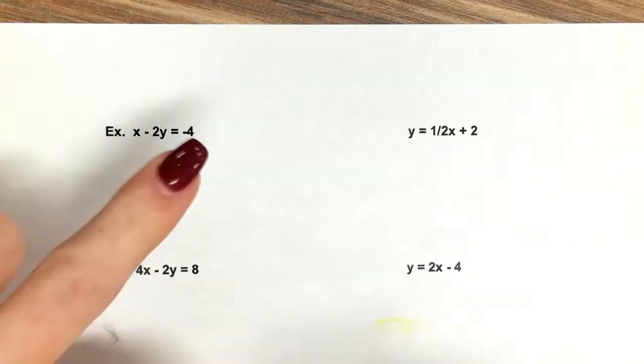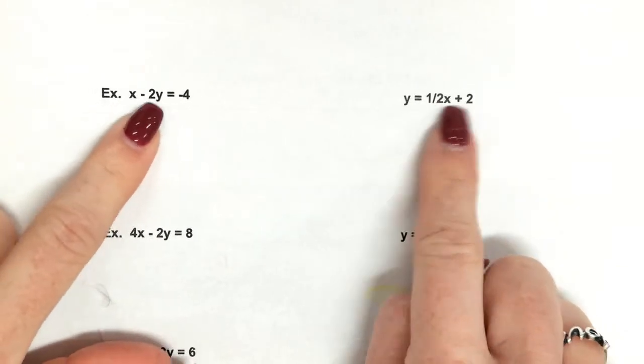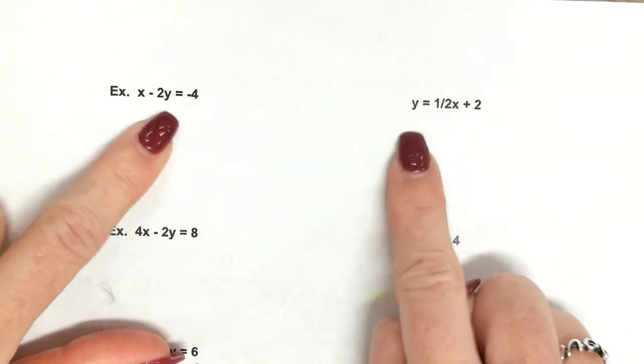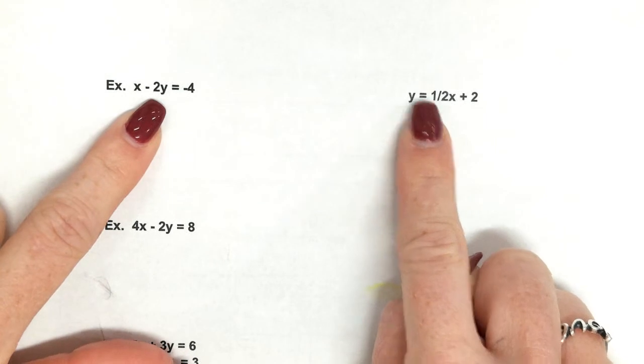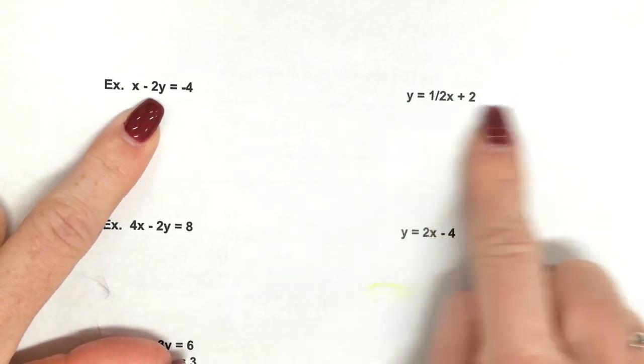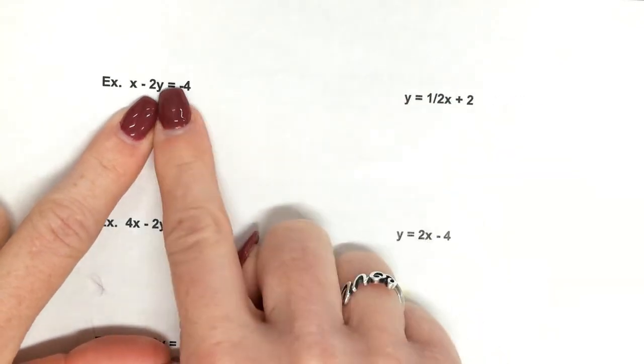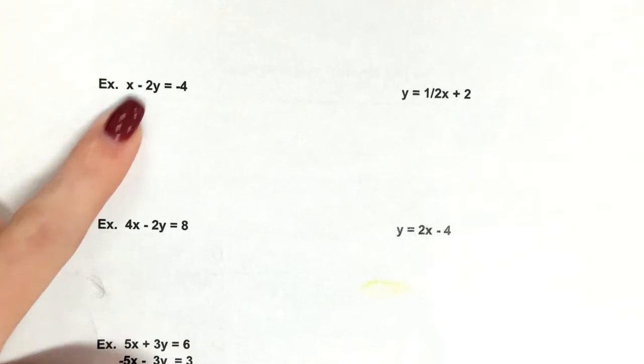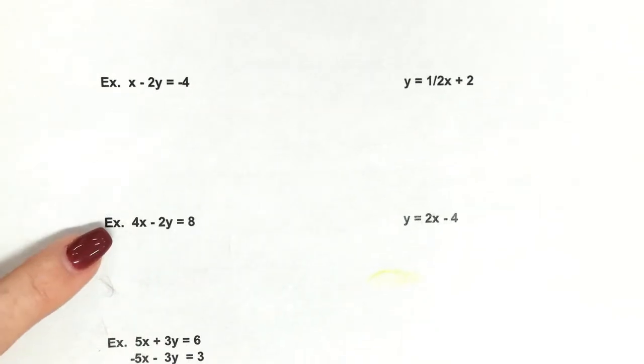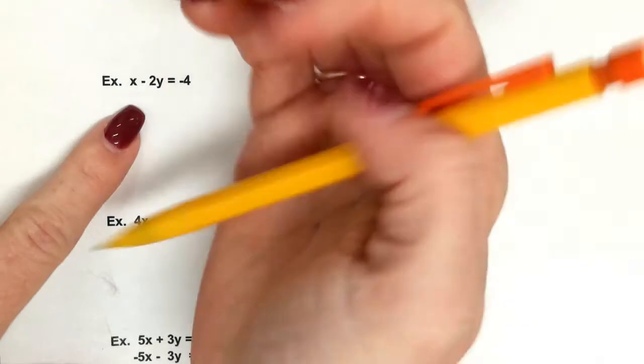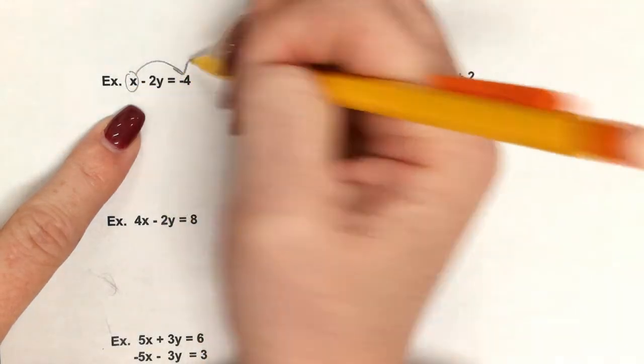Y'all have to decide which way would be best. Putting these in standard or putting these in slope intercept? Yeah, I mean, this is already in y equals, right? So all I need to do is move a few things. So here we go. What would I need to do? So minus x has got to go over there.